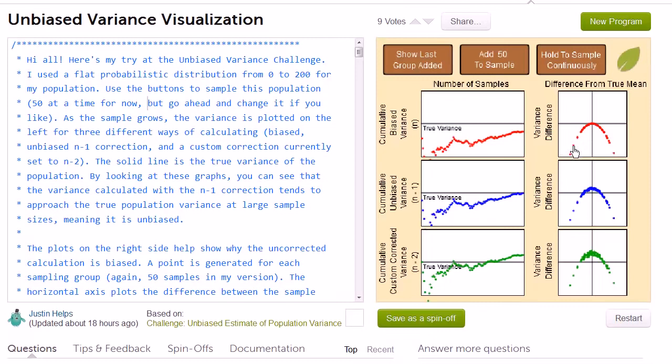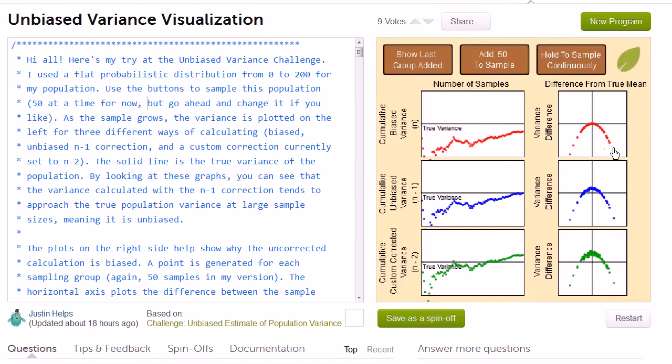So for example, this point right over here, when we calculate our variance with our sample mean, which is the normal way we do it, it significantly underestimates what the variance would have been if somehow we knew the population mean, and we could calculate it that way. And you get this really interesting shape, and it's something to think about. He recommends thinking about what kind of a shape this actually is.